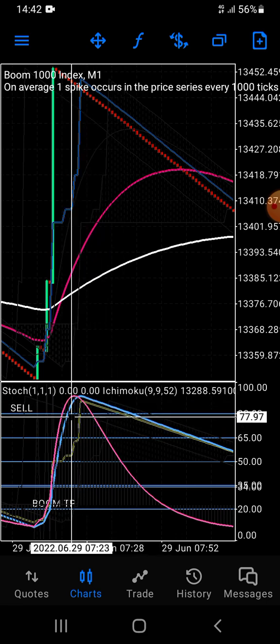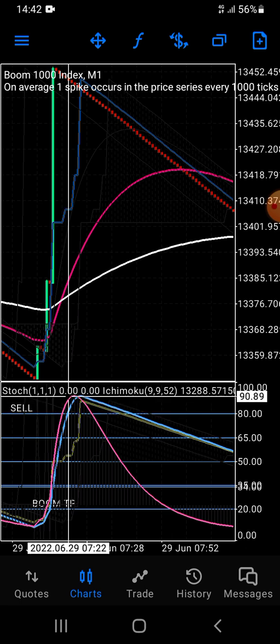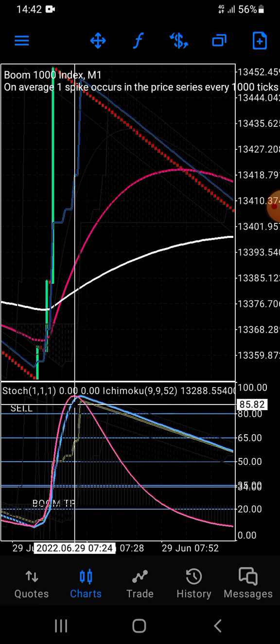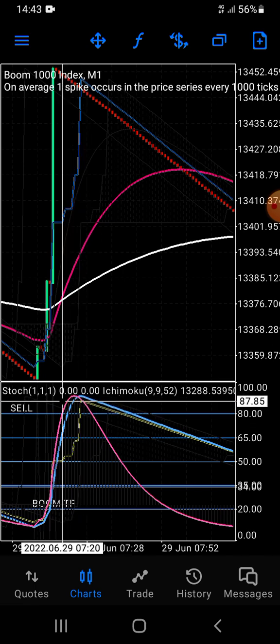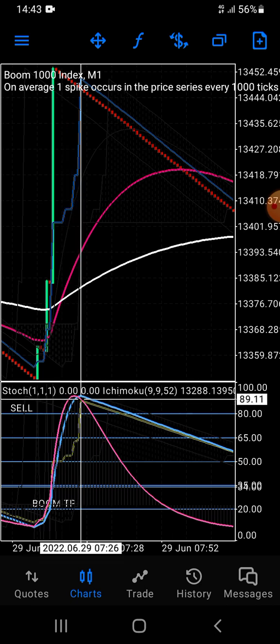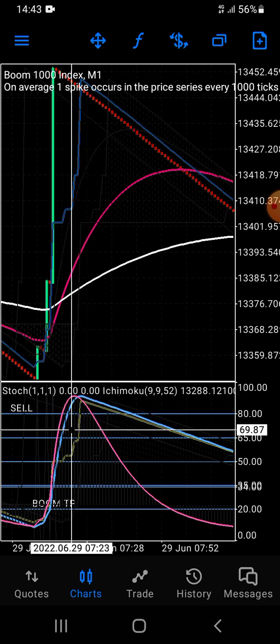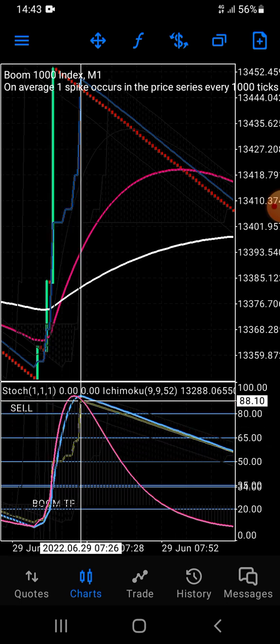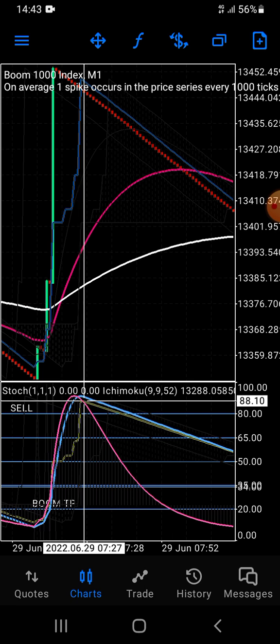So what you look out for is when the pink one cuts the blue one at above 80, which is obviously the overbought area. You see that this pink one is cutting the blue one downwards. It's coming downwards. Then you also see that the yellow one, which is an Ichimoku, is also at the 80 region, which is the overbought.